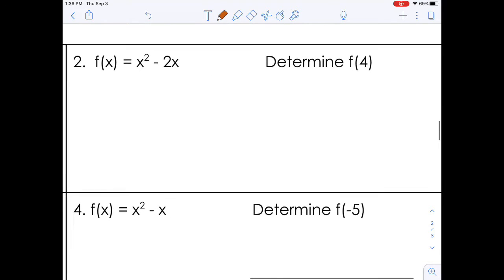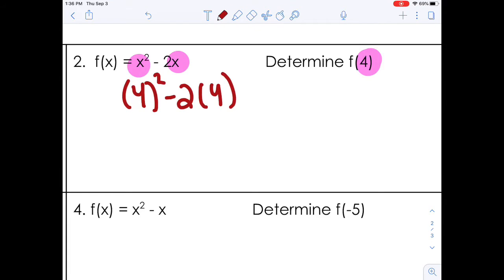All right, number 2 says f of x equals x squared minus 2x. Determine f of 4. So we are going to take this 4 and plug it in for every x that we see. So we have 4 squared minus 2 times 4. Again, follow your order of operations.